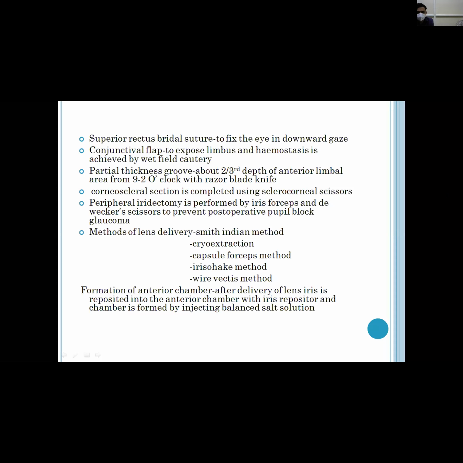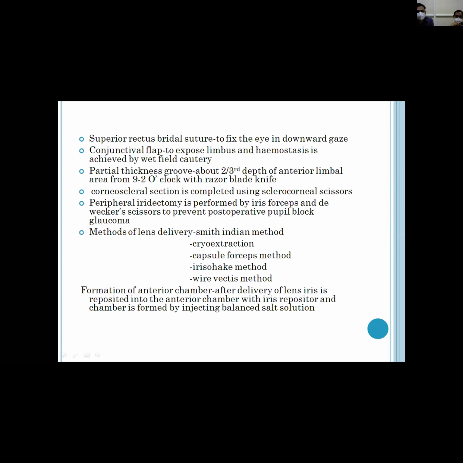Methods of lens delivery. Smith-Indian method. In this method, lens is delivered by applying pressure on the limbus at 6 o'clock position with a lens expressor, and counter pressure at 12 o'clock position, and the lower pole of the lens is delivered first.